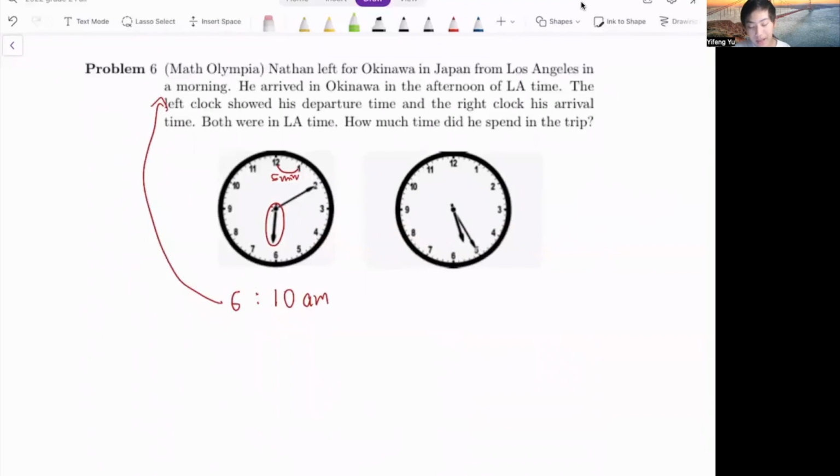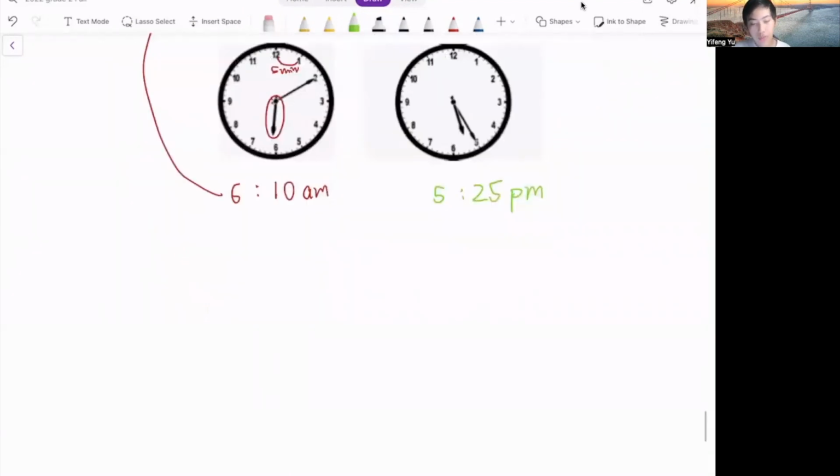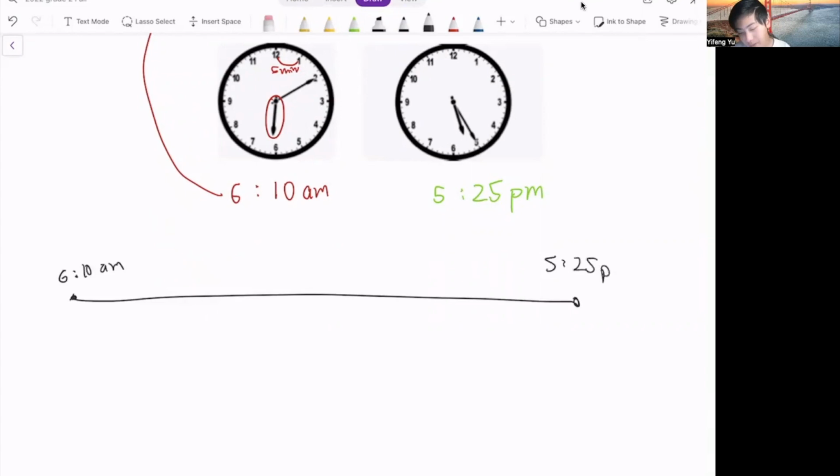And then at the arrival time, it shows 5:25. Since we can't go back in time, we know that this is 5:25 p.m. So between 6:10 a.m. and 5:25 p.m., how much time did he spend on his trip? Let's draw a graph first. If he starts at 6:10 a.m. and arrives at 5:25 p.m., the middle time, let's write it as 12, which is noon.